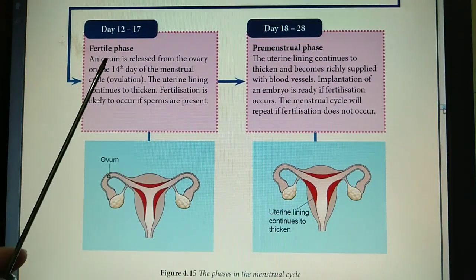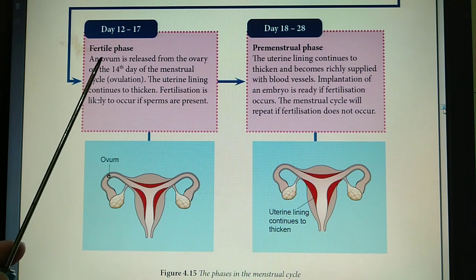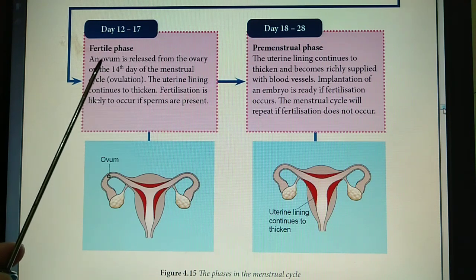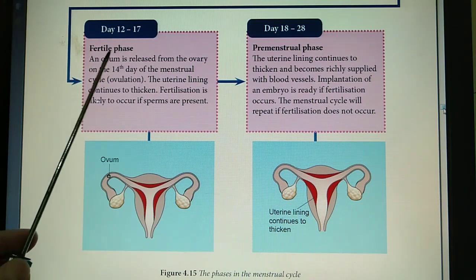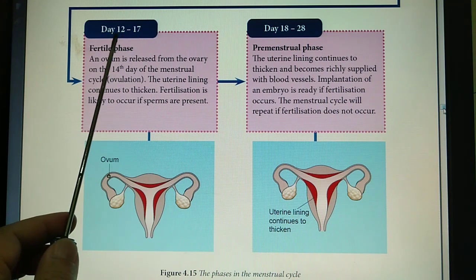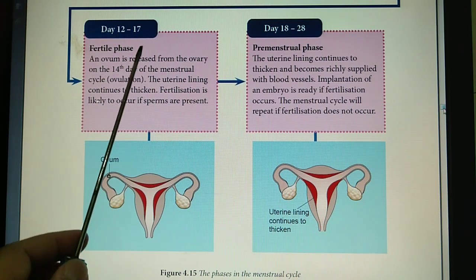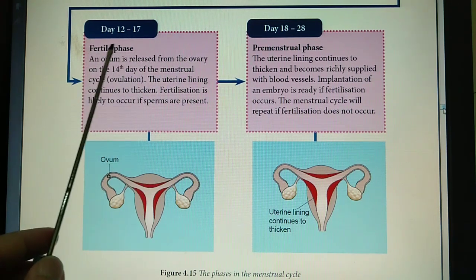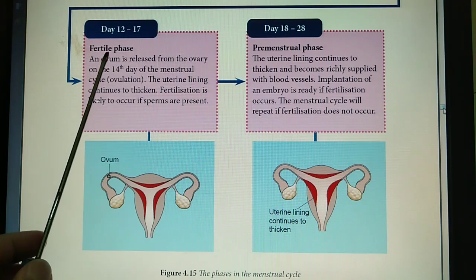After day 11, the menstrual cycle will go to the next, third phase, that is the fertile phase, that will take about 5 days, from day 12 to day 17. So what exactly happens during this fertile phase and why is this phase called the fertile phase?